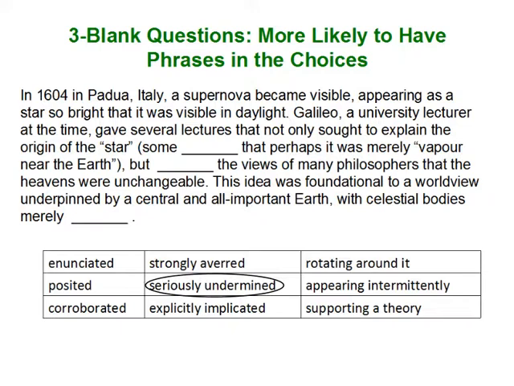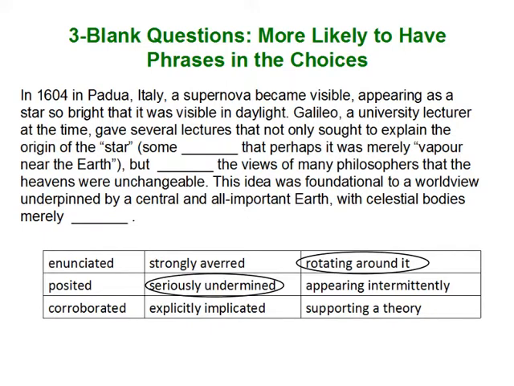We might not really know specifically what they're saying, but at least we know that if the earth is central and important, then these mere celestial bodies are going to be not central and not important. And the only available choice that matches that is rotating around it. So they're not central, they are peripheral, rotating around it.